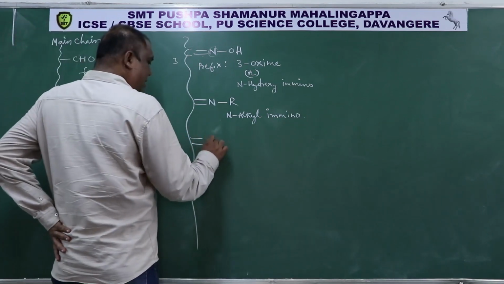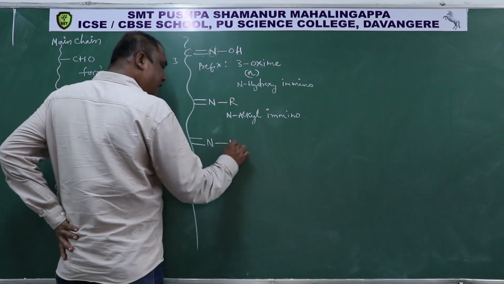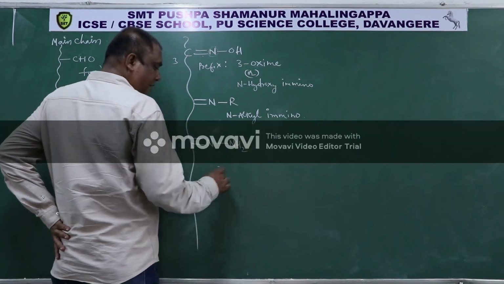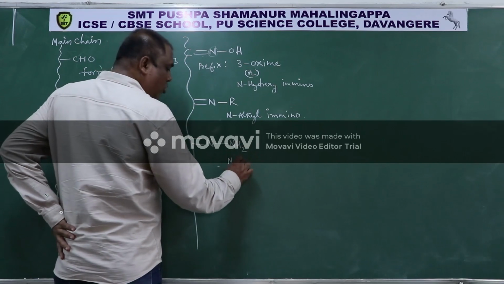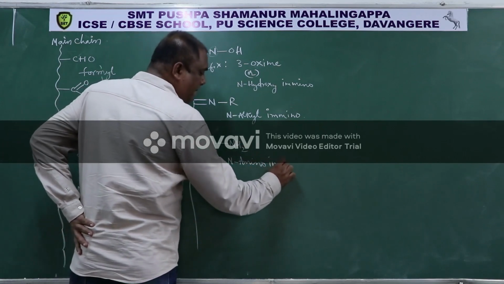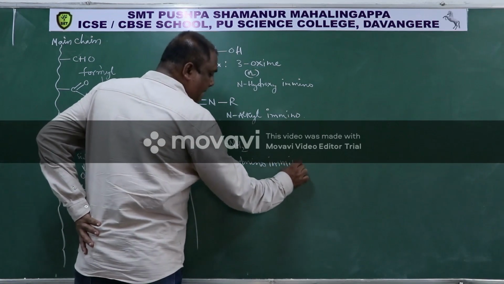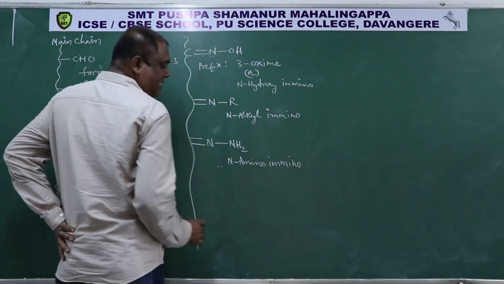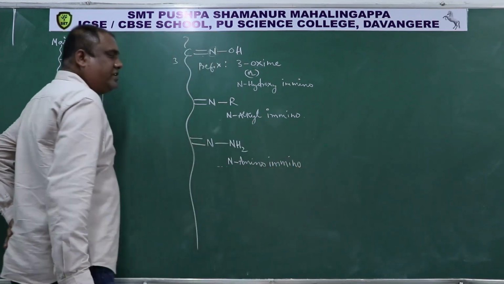Double bond N attached to an amine group is called N-amino imino. This is the name of the side chain and this itself is written as the prefix.